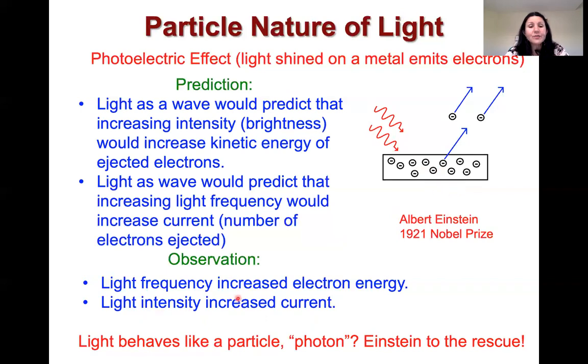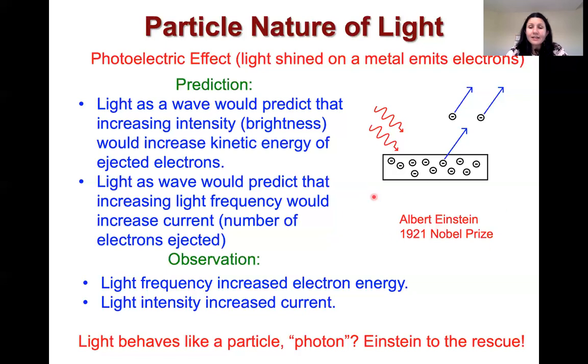And then frequency would be some physical characteristic of this light particle that determined its energy. So the higher the frequency, the more energy that light particle had, and thus the more energy got transferred to the electron. Again, what this photoelectric effect really proved is that light has this particle-like behavior.